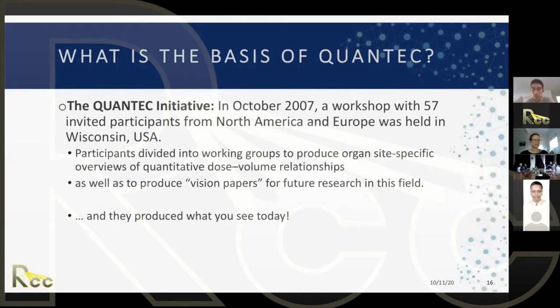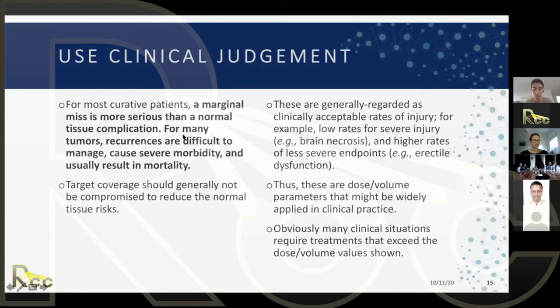And they each divided up into working groups to develop organ site-specific guidelines of the quantitative dose volume relationships. They reviewed all the available literature that they could find on studies that were published, usually high-quality prospective studies where we remove the bias and we're able to just see the raw outcomes and toxicity profiles. And 3 years later, they published what you see now.